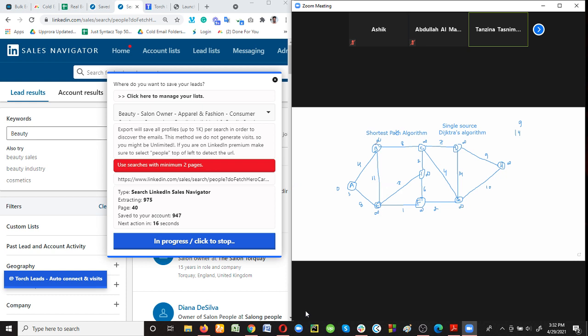Okay, so what is the distance of this vertex B? Initially it's infinite. Now we are going to calculate its actual distance from A. So how can we do it? What is the distance of A? There is a formula, I'm writing it here.